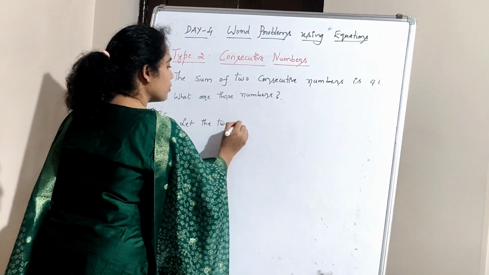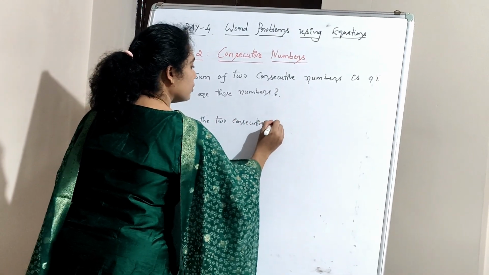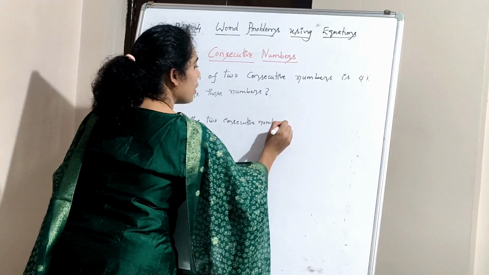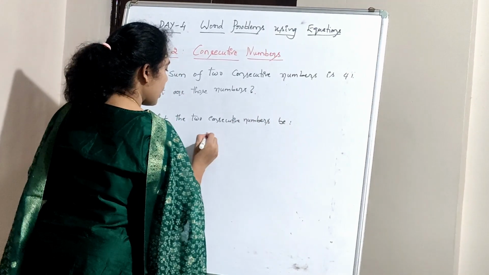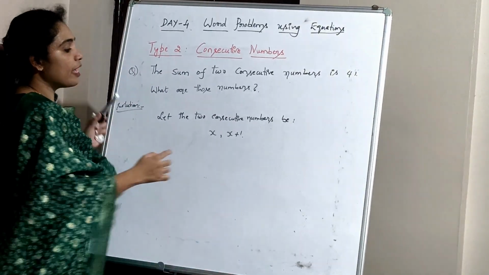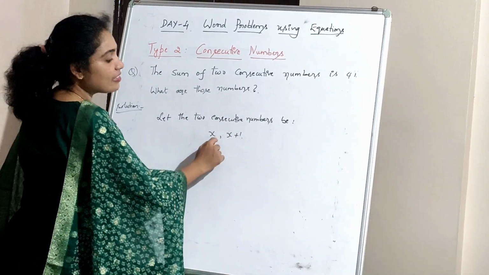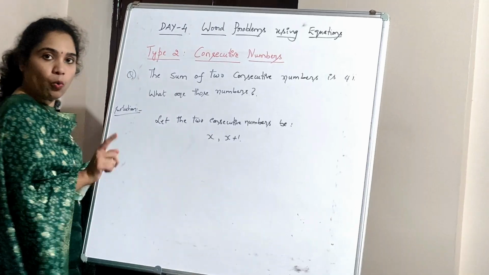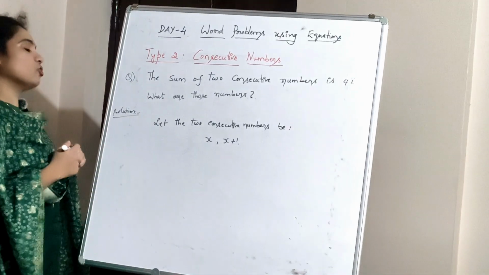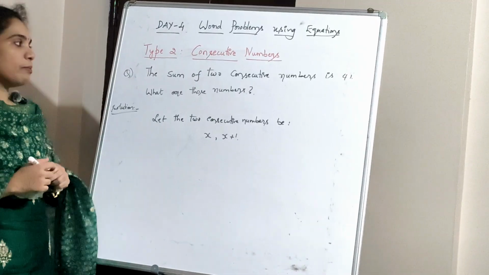Let the two consecutive numbers be x comma x plus 1. See, they follow each other in order and also they exactly increase by 1 from smallest to the largest. So I'm considering x and x plus 1 as two consecutive numbers here.